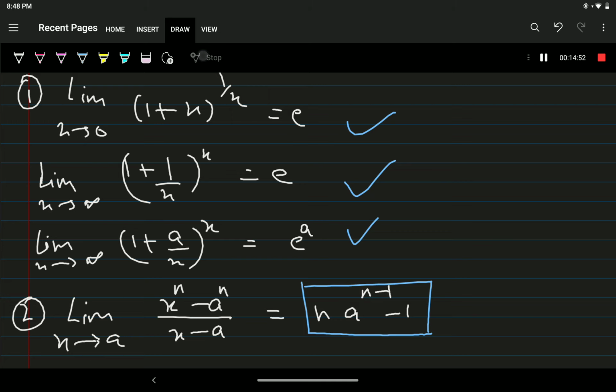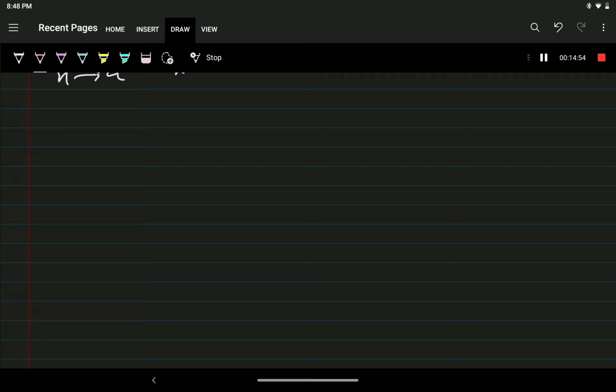Okay guys, so let's take up some homework questions. Like number 1, limit n tends to infinity, 1 by n to the power 3.